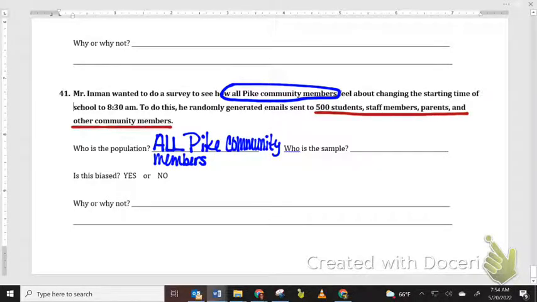Yes, this is our sample here. The 500 people that he actually sends the emails to, that he wants responses from. Students, staff, parents, and other community members.